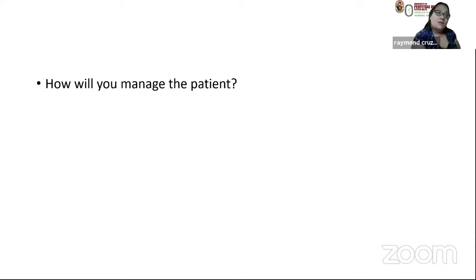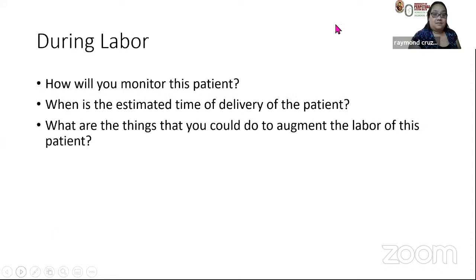How would you monitor this patient? Doc, we check the fetal heart rate every 30 minutes.